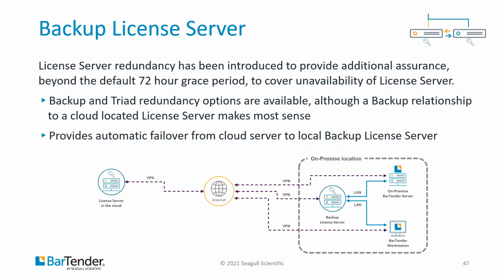So rather than sending a communication to the license server for each print job produced, it will batch those various print job uses together, and then send a batch at some point later on, thereby reducing the amount of communication that goes back and forth between license server and BarTender.